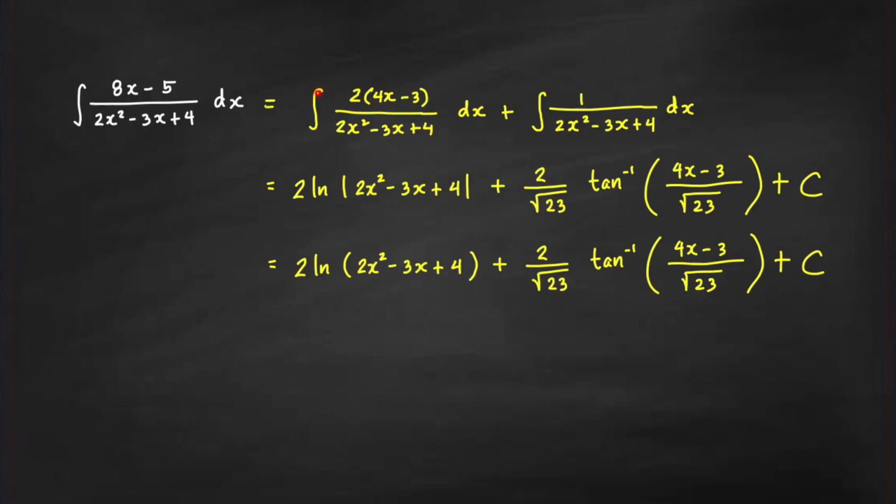So this is just integral of 2 du over u, which is equal to 2 ln of absolute value of u. And then plus, to evaluate this integral, we evaluated this already in the previous examples. And this is just 2 over square root of 23 tangent inverse of the quantity 4x minus 3 all over square root of 23 plus c.